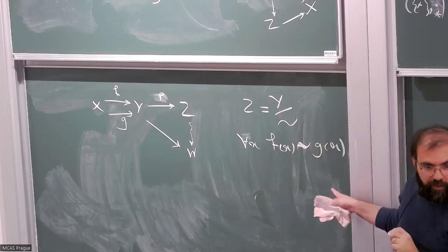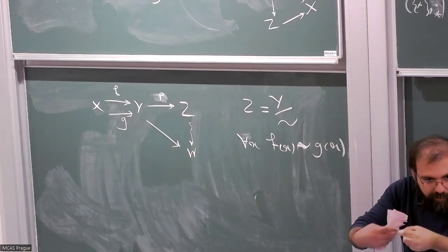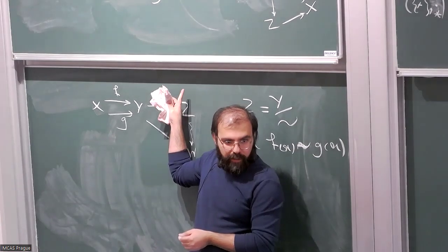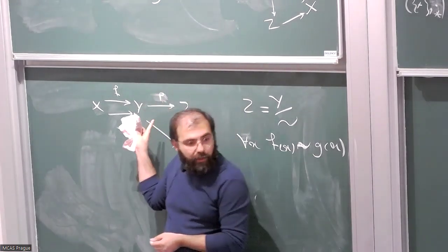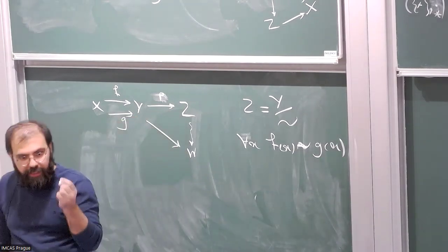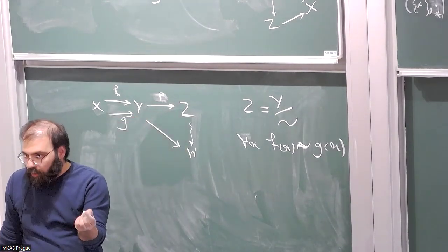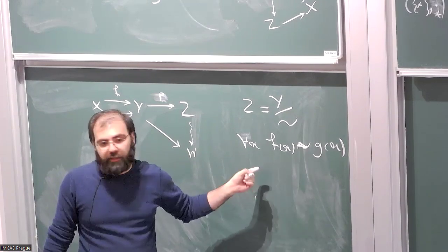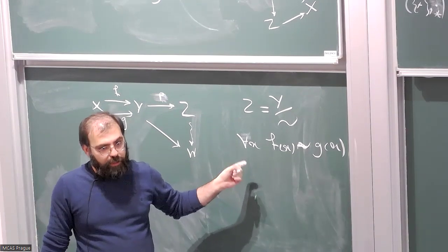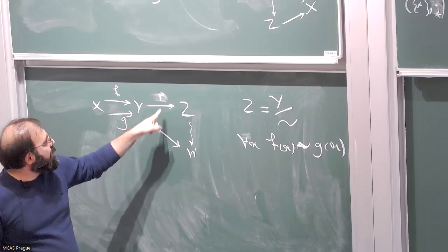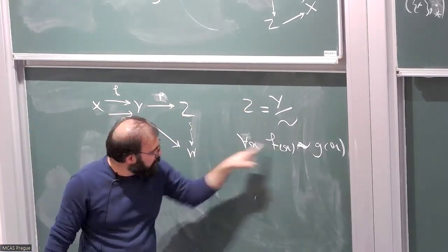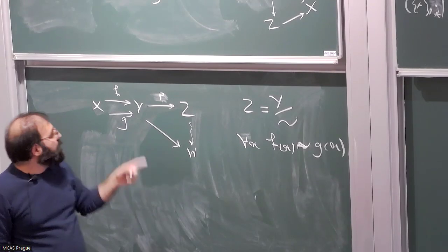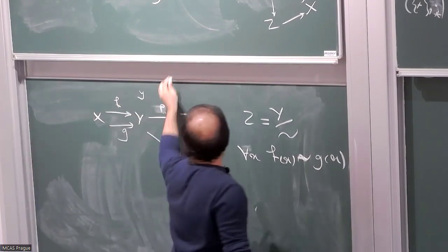So I'm gluing f of x to g of x, because I want to pretend that f and g after the composition are the same thing. So if it is the projection of some equivalence relation, I have to pretend that f of x and g of x are the same, but nothing more, meaning that the relation should be really generated by this, nothing more. So you can check that Z is just Y over the equivalence relation generated by this, and pi is just a projection, meaning that y goes to the class of y.